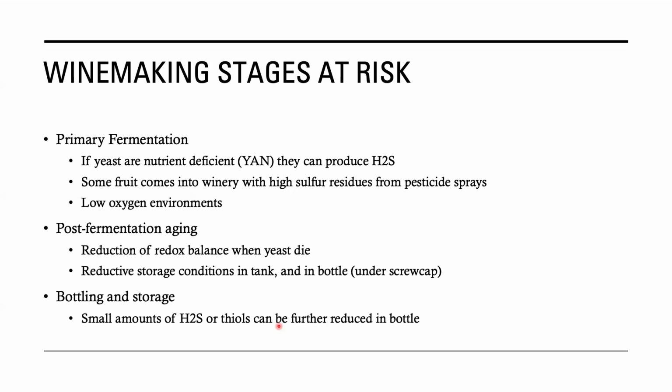Plants that maybe aren't as healthy are coming in with low YAN as well. I've got some prevention strategies in an upcoming slide, so I'll talk about what your options are at that point. But nicely, we do actually have the option of adding in nitrogen at the winery. It's not like the vineyard is our only place that we can supplement with some yeast nutrient.